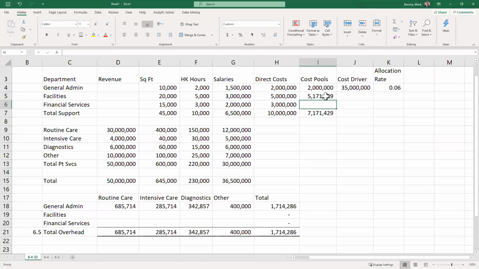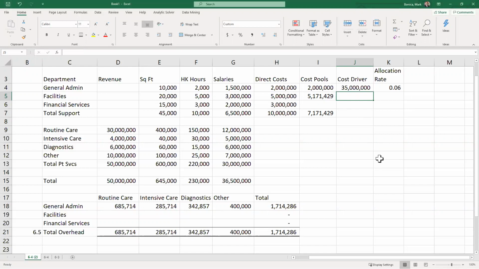So the cost pool for facilities is going to be 5.17 million because it's being increased by 171,000 for facilities' share of general administration's costs. Okay.